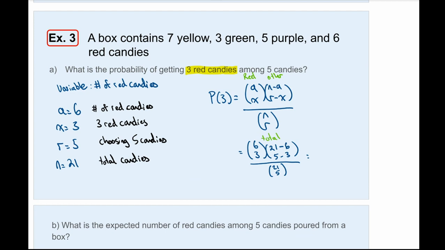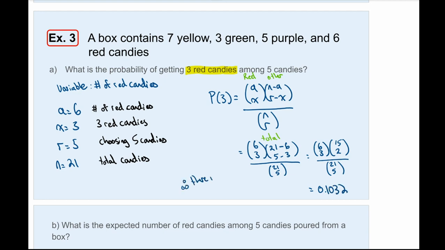This does work out to 6 choose 3, times 15 choose 2, divided by 21 choose 5. And when I go through and calculate this, I should get 0.1032.